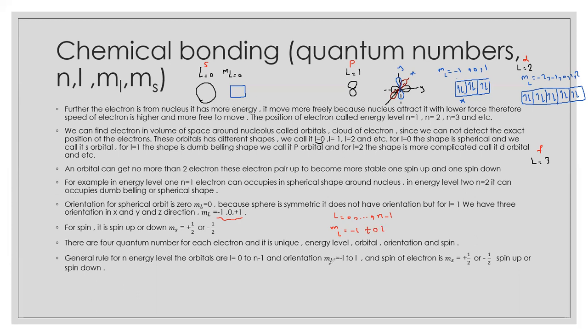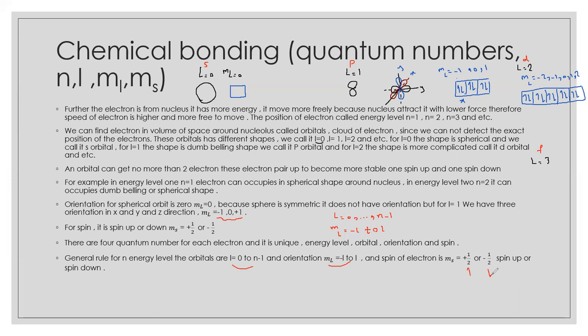So I have this rule here, l is 0 to n-1. For ms, what is ms? ms is the spin. Positive 1/2 means your electron is spin up. -1/2 means your electron is spin down.